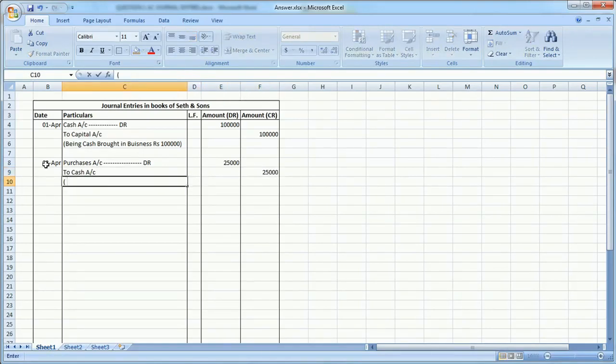Narration will be: being goods purchased for cash. So that was our second transaction.